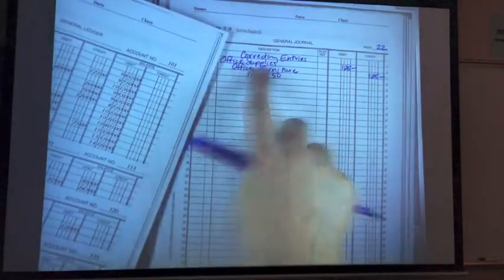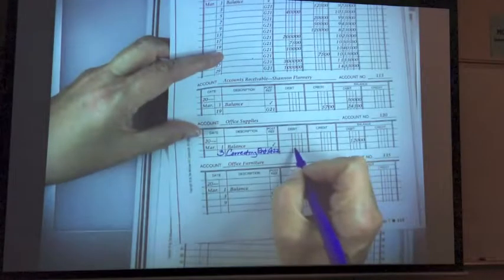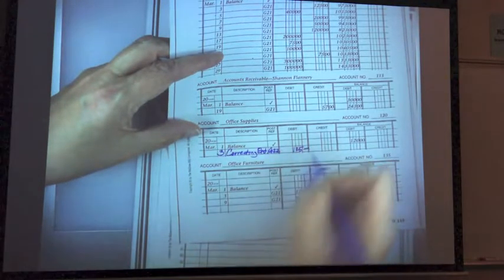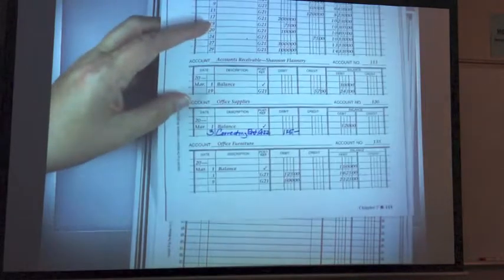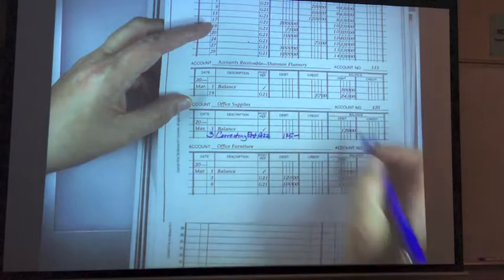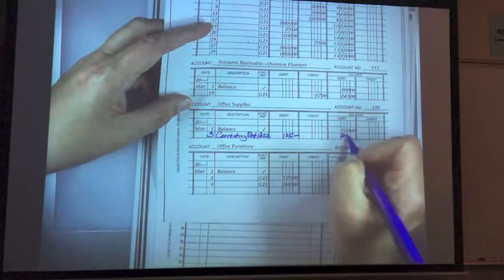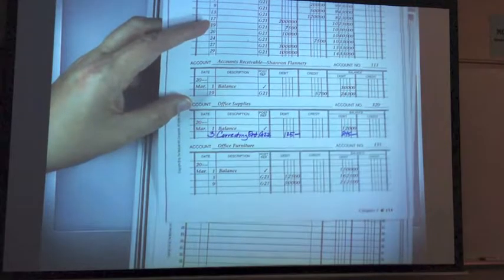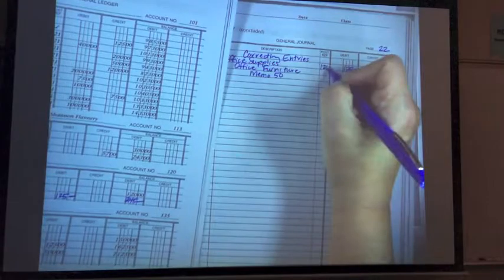We're going to write 125 on the debit side, which is what we should have posted over there to begin with. And when I take my 120 plus my 125, I'm left with 245 in office supplies. That's where it's supposed to be now. And then I would come back over here and write 120.